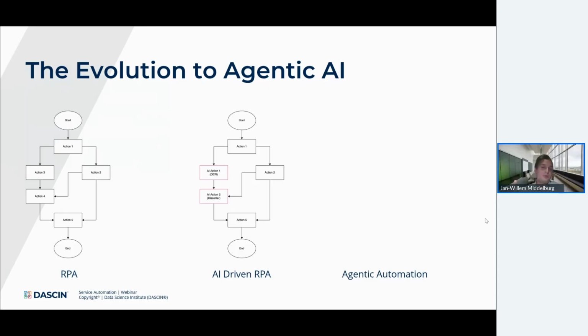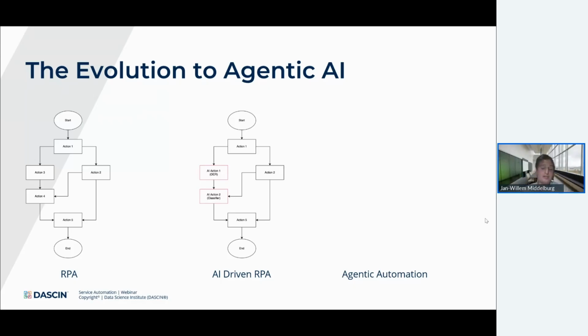Basically, what's happening there is that we are still running an automated, rule-based kind of workflow, but we are injecting specific AI capabilities within specific steps. And I'd like to call that AI-driven RPA, because as you can see on the screen, 1 or 2 of those actions that you see right on the screen are powered by AI, but it's typically a point solution.